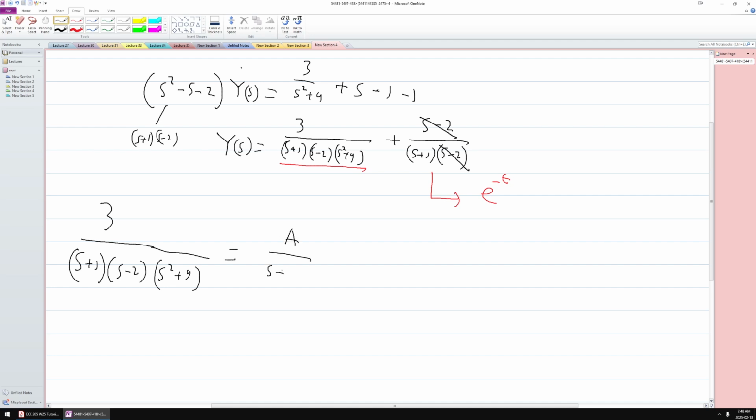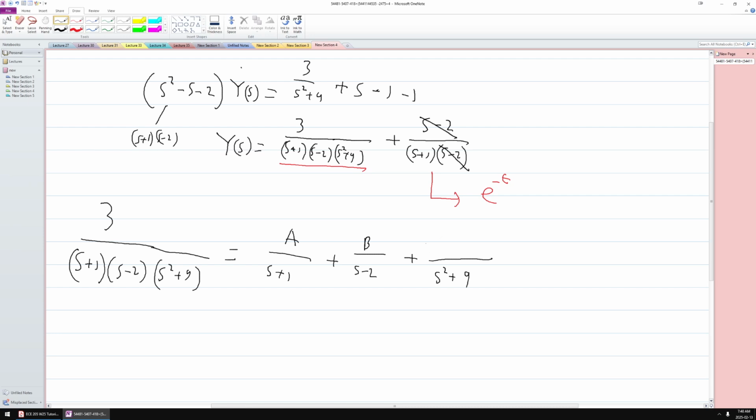So a over s plus 1, that'll give me my a times the e to the negative t, which matches this guy, plus my b over s minus 2. So this will give me another exponential, plus here, s squared plus 9, I have shenanigans to do.